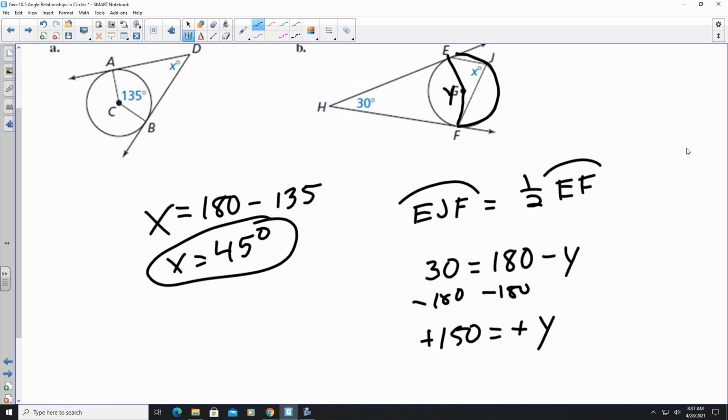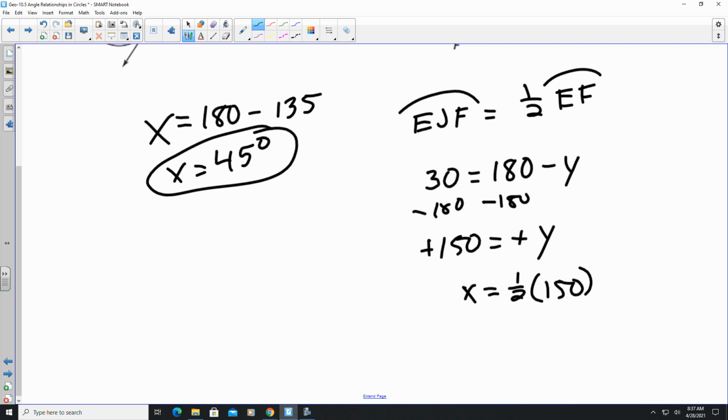That means the angle EJF, which is X, would then be equal to 1/2 times 150, which gets you a value of 75 degrees.